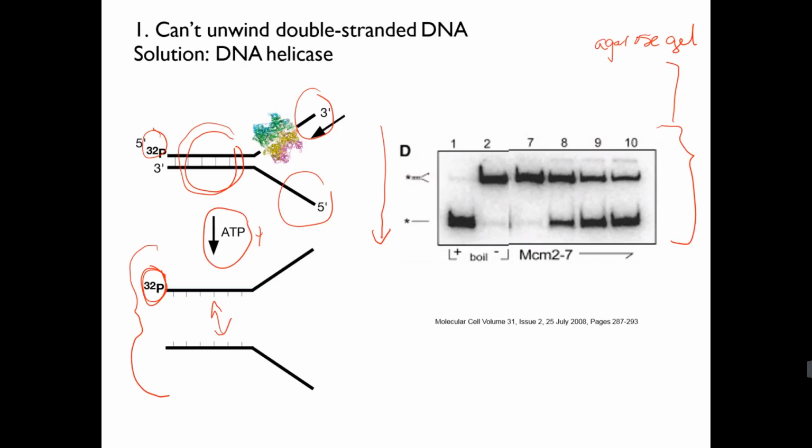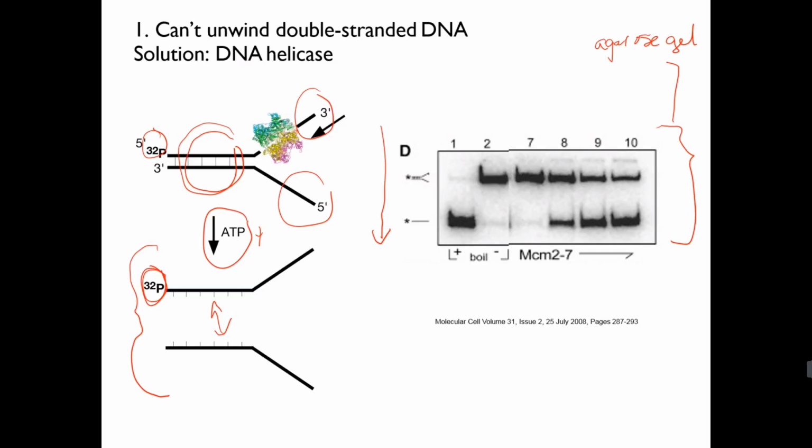Okay, so for any experiment, you really need to have some positive and negative controls, right? So I'm going to pose the question, what would be a reasonable negative control for this reaction? I mean, we really want to convince ourselves that if we see separation of the DNA strands, it's because we've added this DNA helicase or a protein fraction, and not just because the strands fell apart for whatever reason.